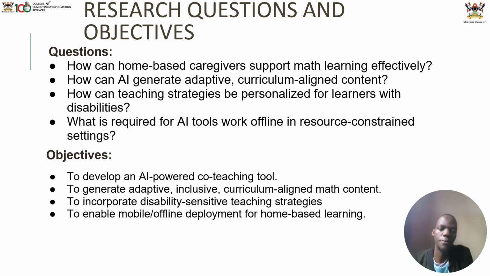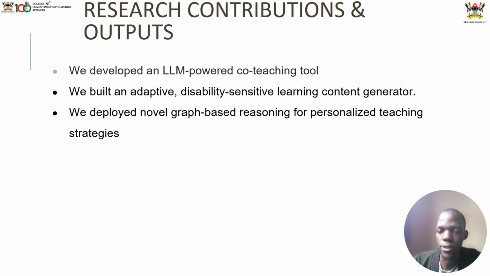Among the objectives of the project was to develop an AI-powered co-teaching tool. This tool had to be capable of generating information related to mathematics teaching, such as lesson plans, course outlines, teaching strategies, as well as evaluation exercises to evaluate whether the learner has effectively understood something or not.